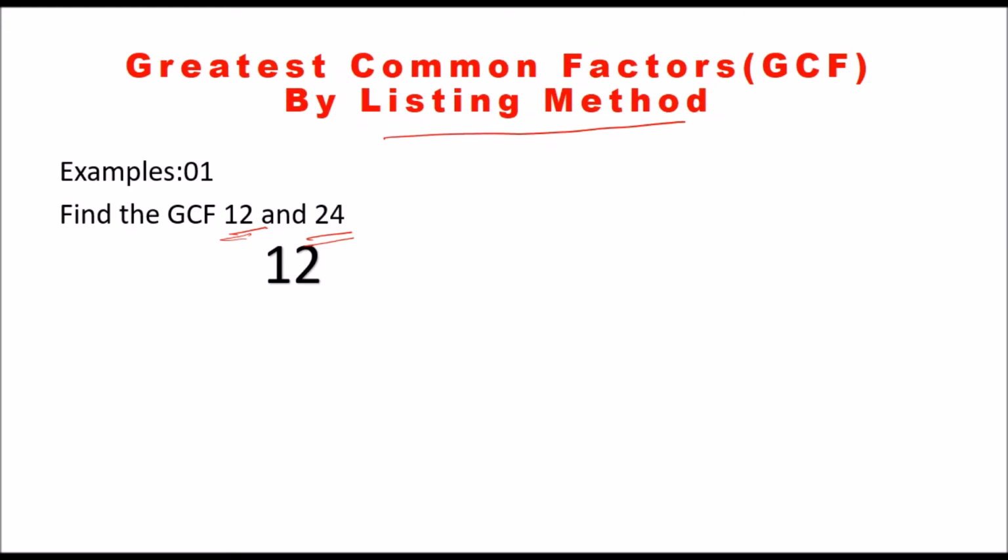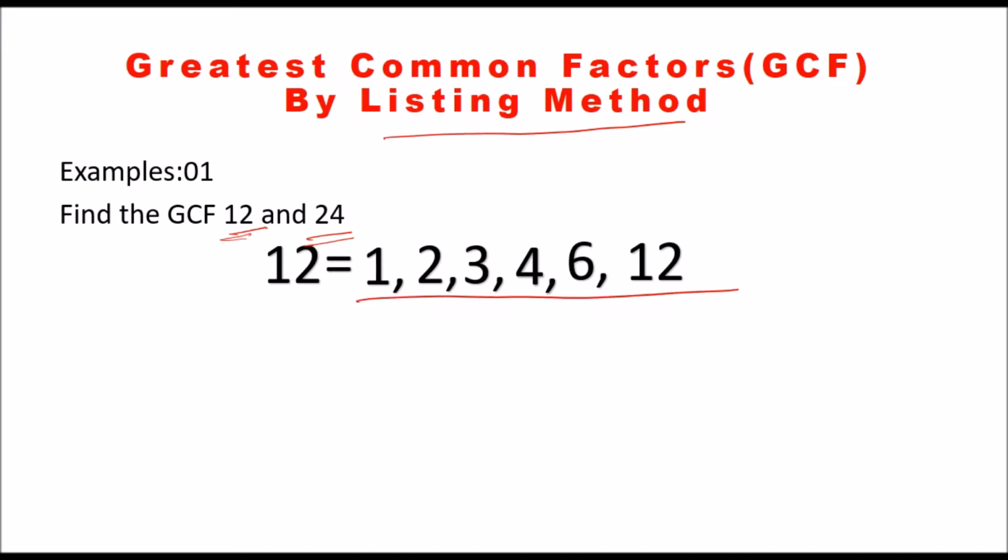Remember, the default factors of a number are 1 and the number itself. So we have 1, 2, 3, 4, 6, and 12 itself. These are the factors of 12.